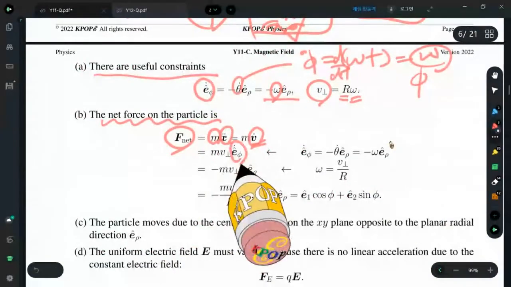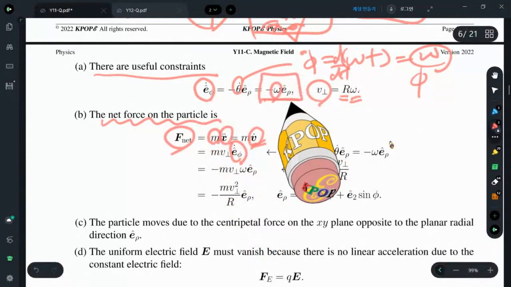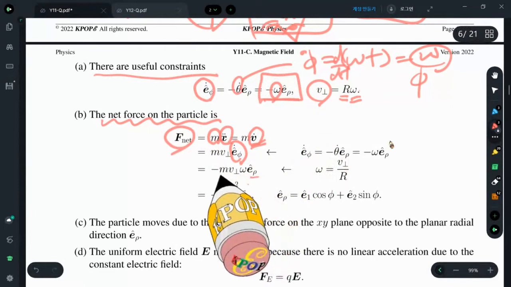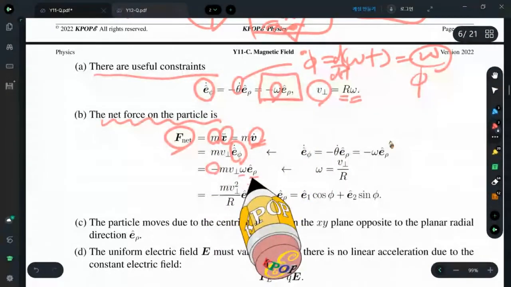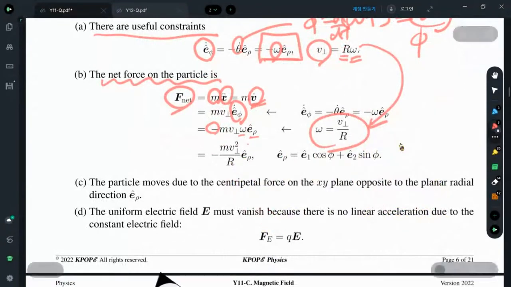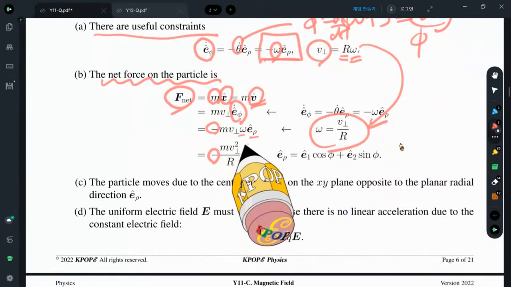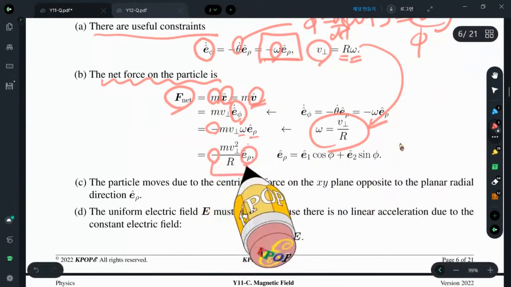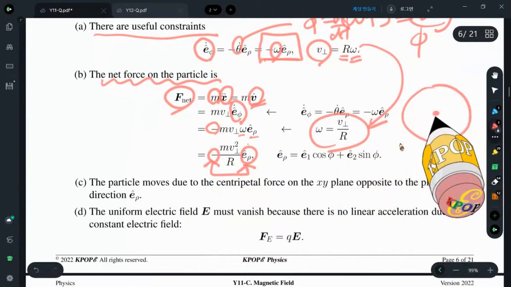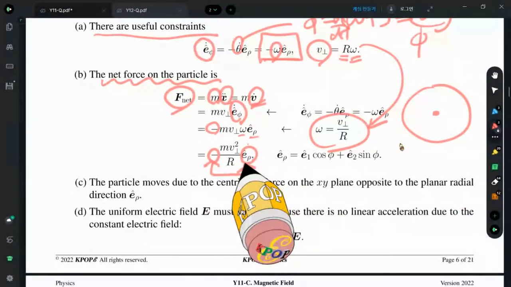So for e phi dot, I substitute minus omega e rho. Again, we use this relation to simplify this. So we have minus m v perp squared over r. So this force is toward the center of a circle on the XY plane. That's fine. It is the same as that of the uniform circular motion.